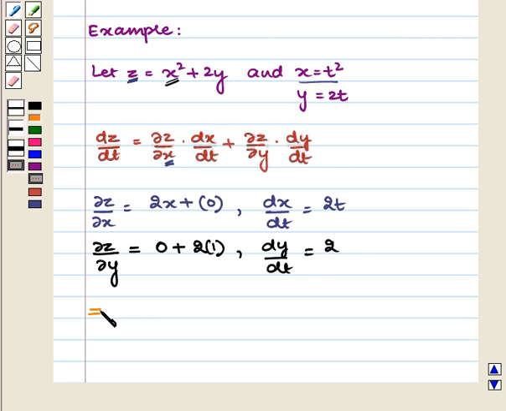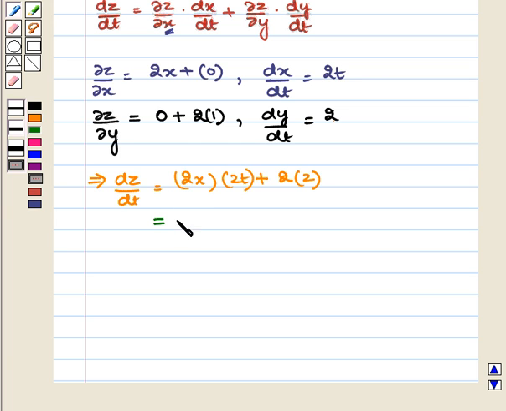This implies dz by dt is equal to 2x into 2t plus 2 into 2, that is equal to 4xt plus 4.